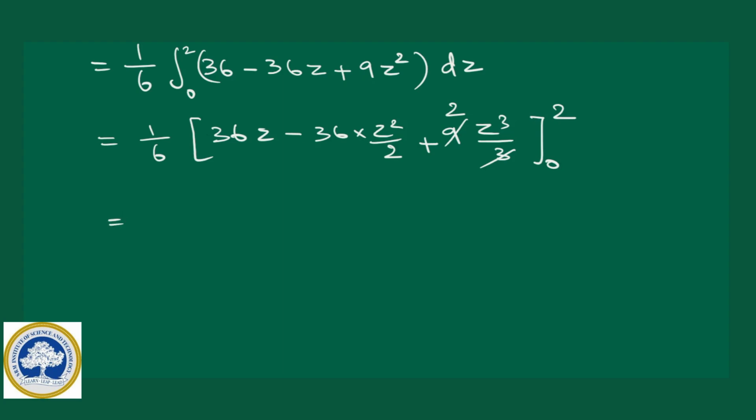While applying the limit here, 1 by 6 into 36 into 2 is 72, minus, here 2 square means we can cancel this. So again 36 into 2 will give you 72, minus 2 into z cube, 2 cube is 8.